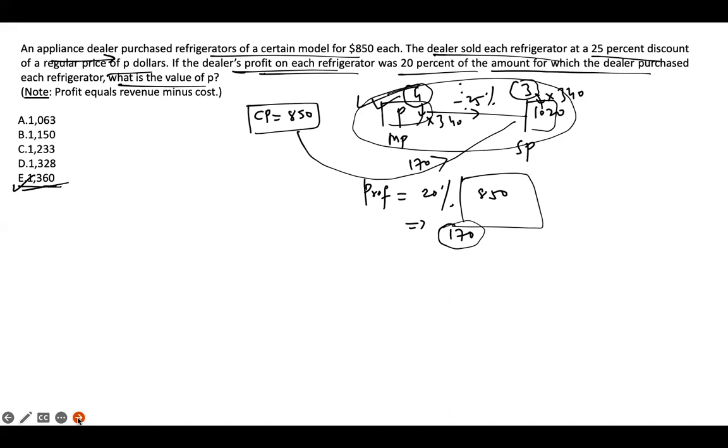You should remember that 25% will have 4 as its denominator, 20% will have 5 as its denominator, and then you should assume the value of P to be a multiple of, let's say, 4 or 5. I see, for 25%, the denominator is 4, so I'll assume a value that is a multiple of 4.